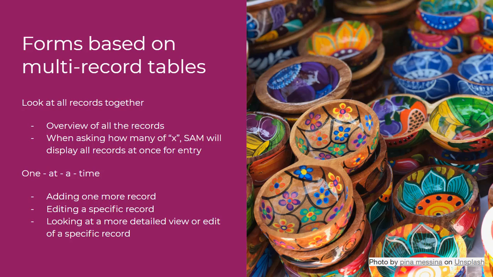Or you might see them on an edit form where the anticipation is for a smaller set, but the end user will be able to answer all of them at the same time. So you might ask, how many children do you have? Oh, I have 3 children. Great. Now I've dropped down 3 records to allow us to enter the name, the birth date, and other identifying information that we want to collect about each of the 3 children, and we know what to expect.